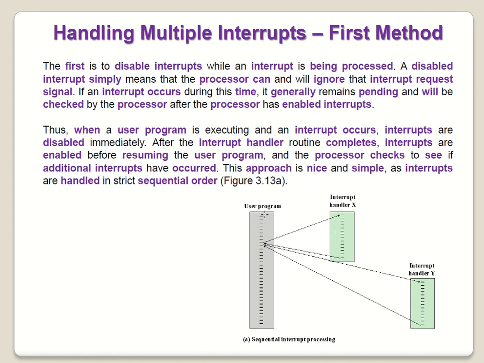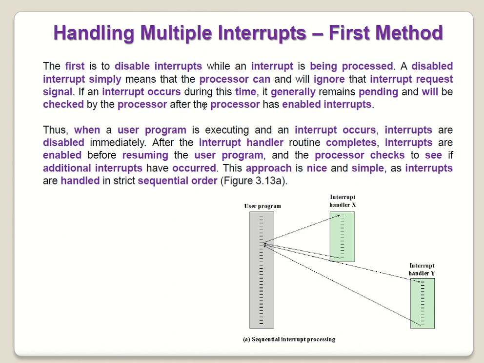After completing handler X, the CPU jumps to handler Y, completes it and comes back. So the first method is to disable interrupts while an interrupt is being processed. Disabled interrupt means the processor will ignore the interrupt request signal while it is executing the handler.